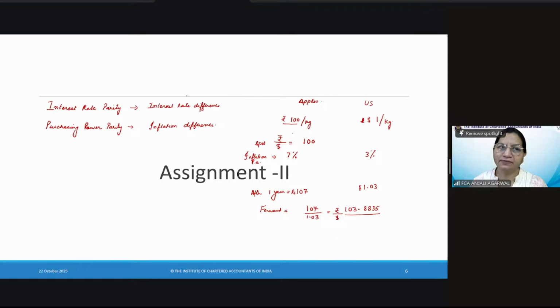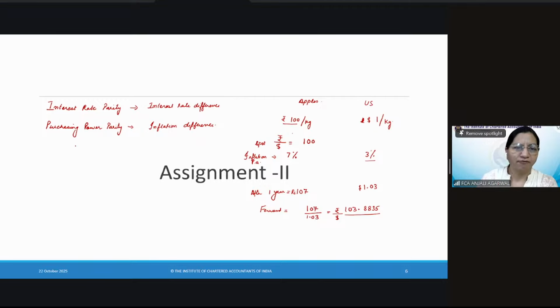So just as where the interest rate is lower, that currency is supposed to be at premium, in the same way, where the inflation is lower, that currency is at premium. So the exchange rate of dollar has increased from 100 to 103.8835. Okay. So that means the dollar is at premium.